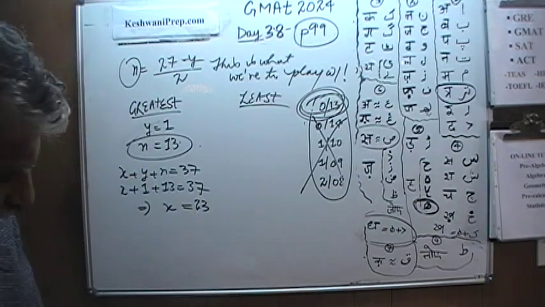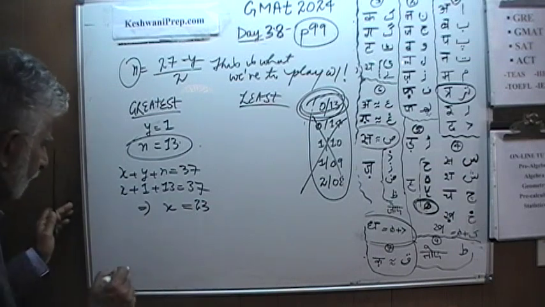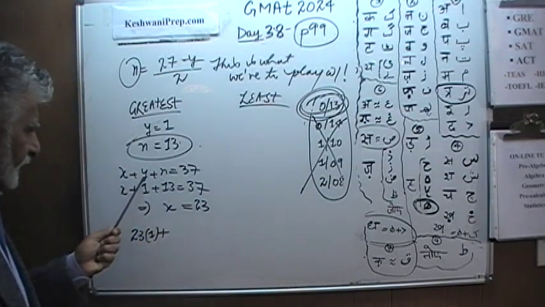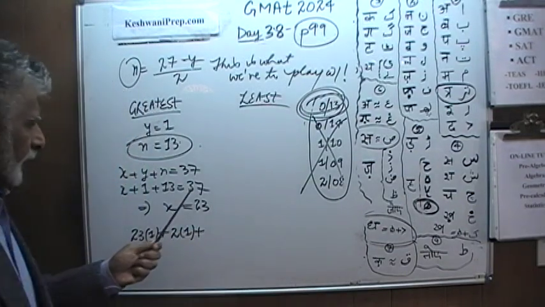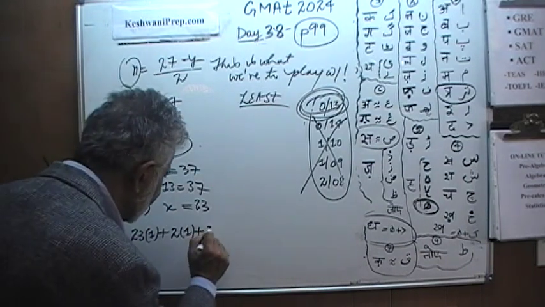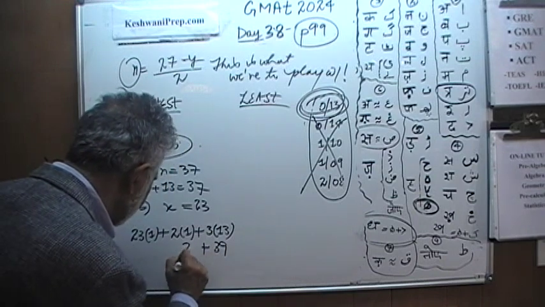And now we can very quickly verify it. X represents the number of teachers who taught 1 course, so 23 times 1. Y represents the number of teachers who taught 2 courses, so 2 times 1. And 13 represents the number of teachers who taught 3 courses, so 3 times 13. 3 times 13 is 39. This is just 2.